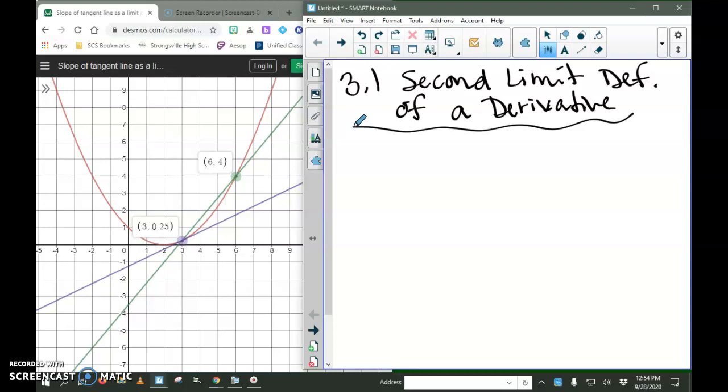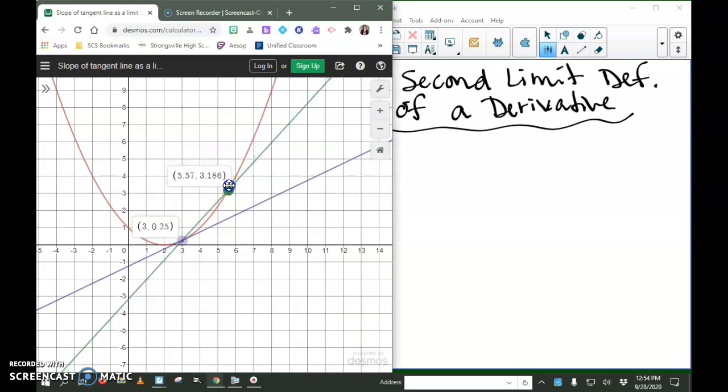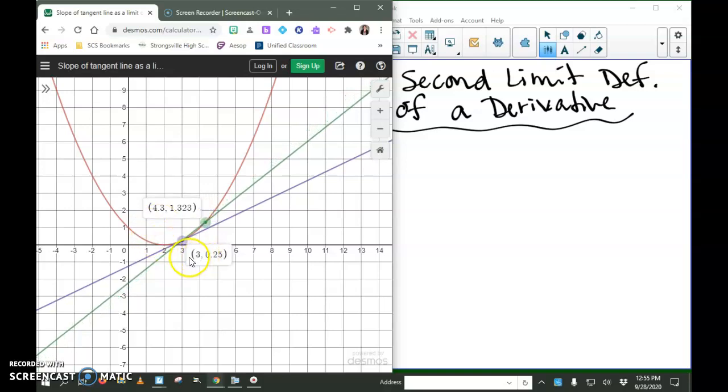Okay, and so we talked about the fact that we could estimate the slope of the tangent line by picking 2 points on a secant line, and then choosing x values that get closer and closer to that point of tangency. Okay, so for example, my 3 would be the a value.